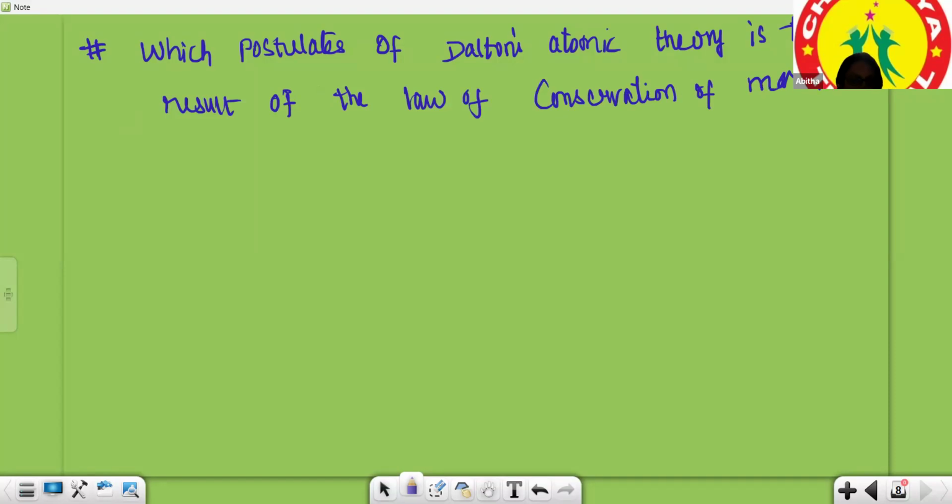We have studied four to five postulates of Dalton. Among those, we have to tell which is the result of the law of conservation of mass.